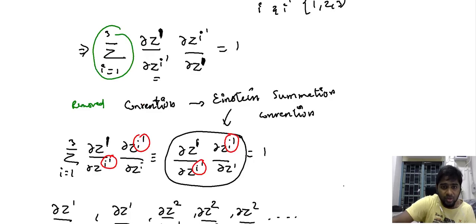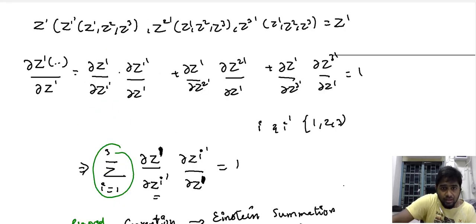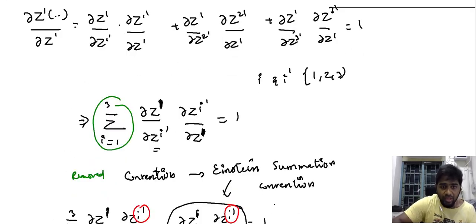So here we have the indices that form the bottom and top of our expression for the partial derivative, and here we have indices that are specific but are not part of the summation.